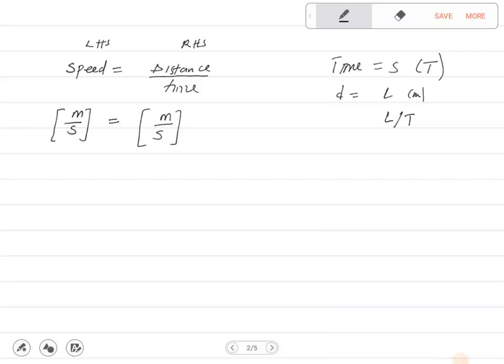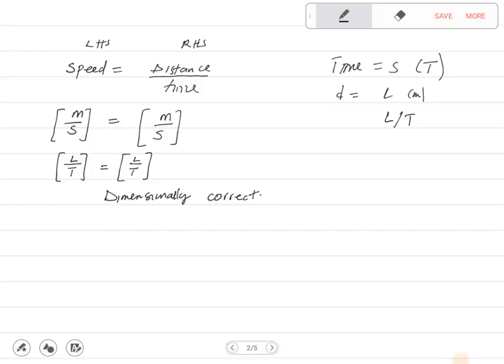Meters is just length, so I put L over T for the second, equal to meter, which is length L, over seconds, which is time T. Is the right hand side equal to the left side? Yes, so this equation is dimensionally correct. That's how you can use dimensional analysis to prove.